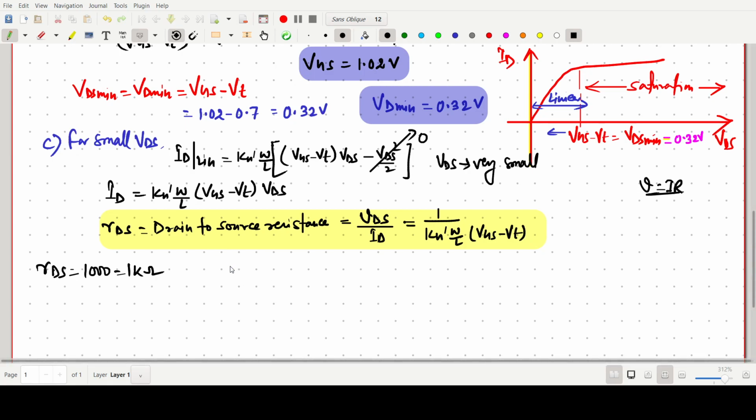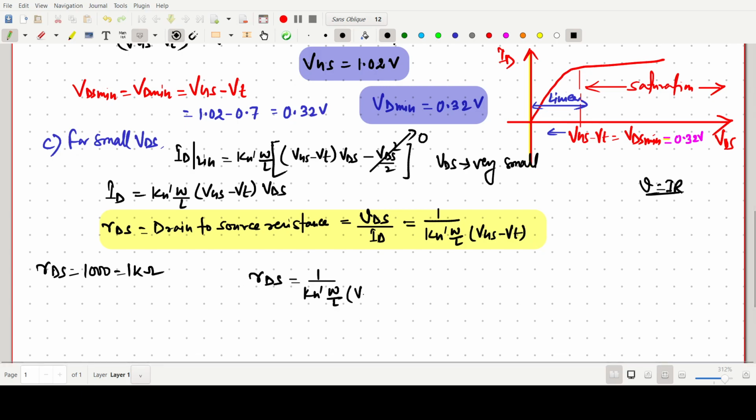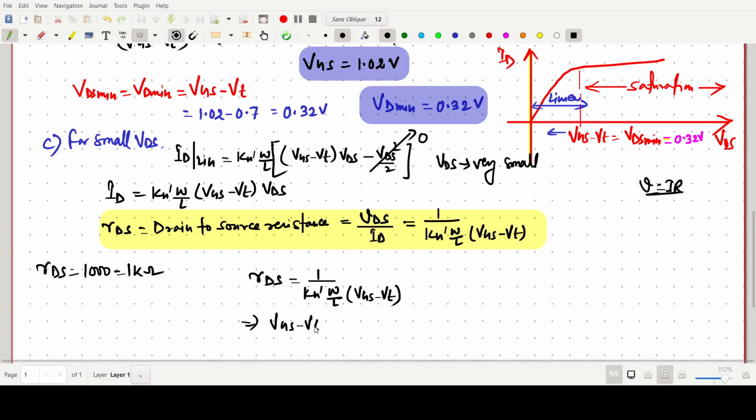Once again I am writing the same formula here, Kn' W by L (VGS minus VT). So one can write VGS minus VT equals 1 by Kn' W by L RDS, and we have to put in the values.